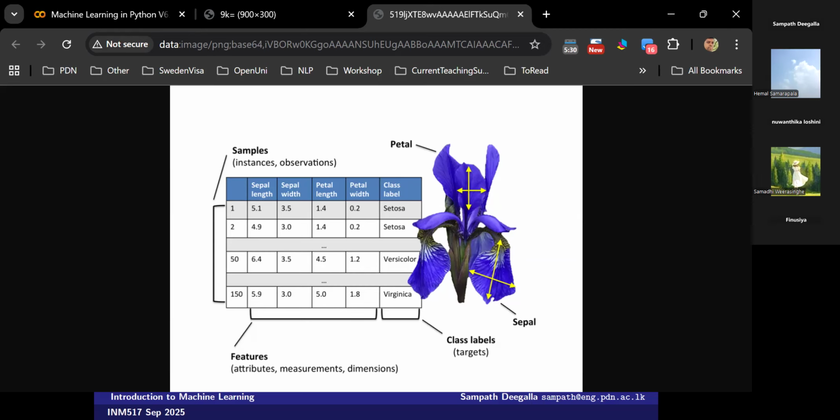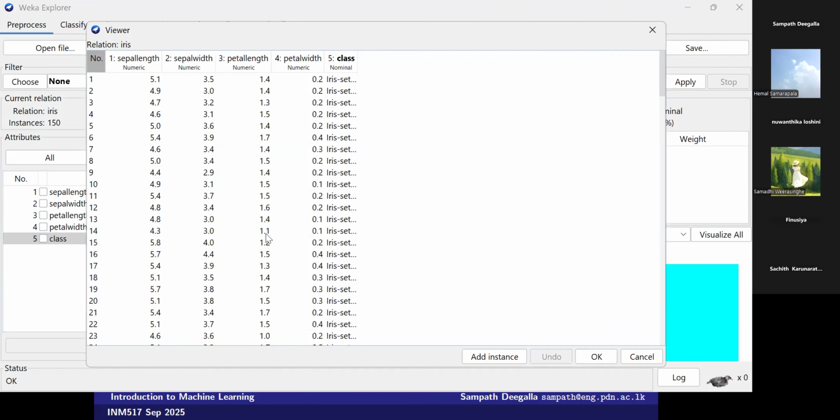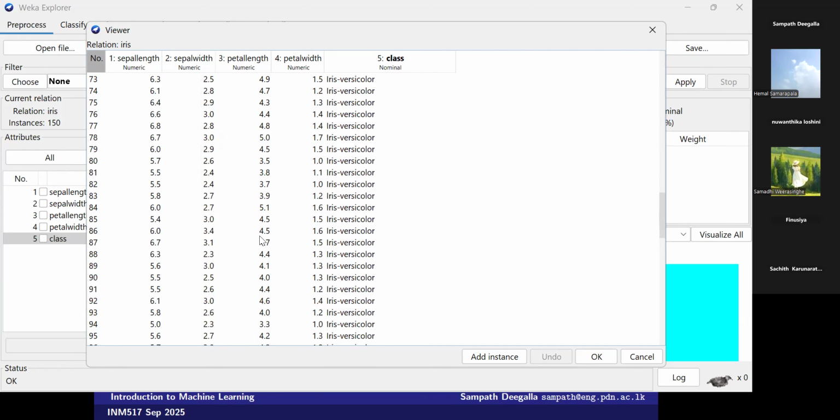With that said, let me go back to the data set again. So here is the data set. When you click edit, you can notice the data points. You have 150 data points in three classes, and we have four measurements: sepal length, sepal width, petal length, and petal width, together with the class label.